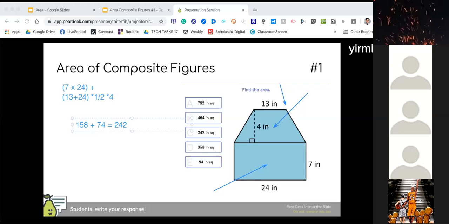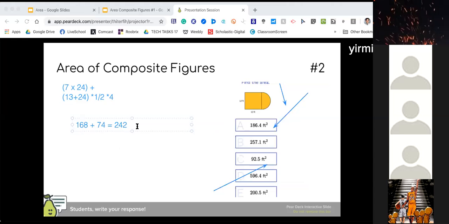Everybody good with that? I thought it was 168. Like 168, not 158. Here's why: 7 times 20 is 140, and then 7 times 4 is 28, and 140 and 28 would be 168. You're right, Betty. I said 168. Oh, my bad. All right, good job. That's correct. Okay, let's try another one.